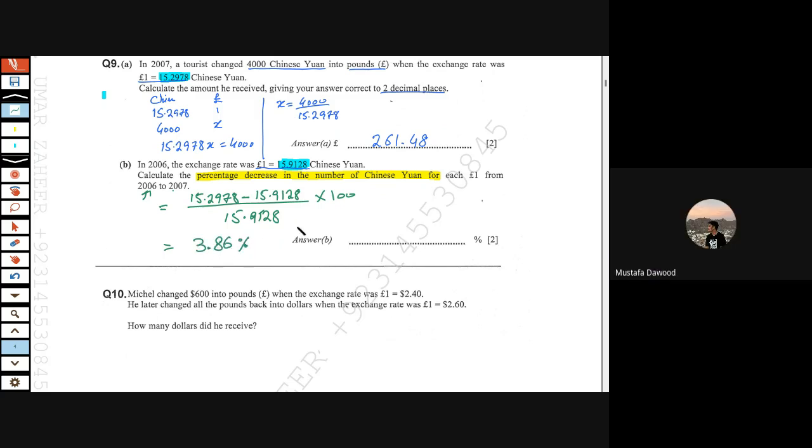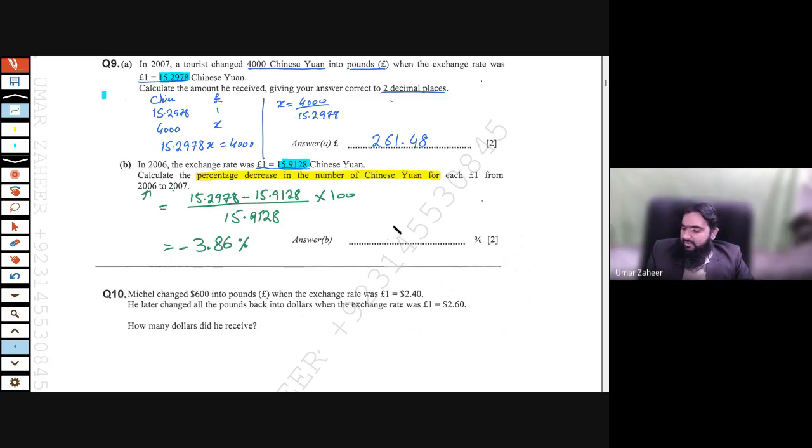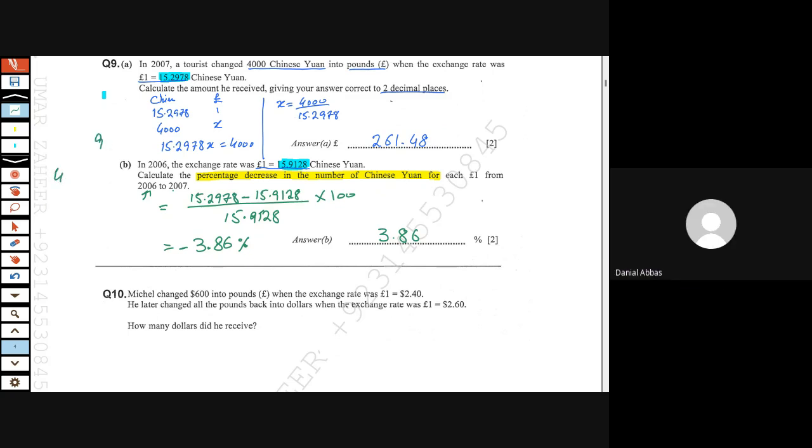Sir, is it minus? Yes. In the answer, we have to neglect the minus sign because we are talking about a change. So you just have to take the bigger value first and the smaller value after. When we are talking about change, say you have 4 and 9, what is the difference between these two values?